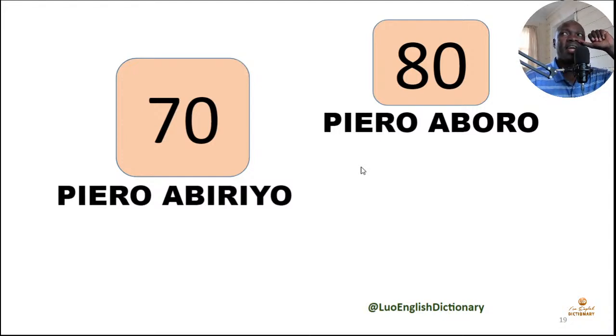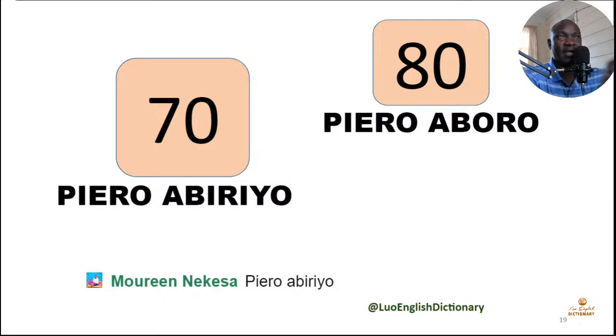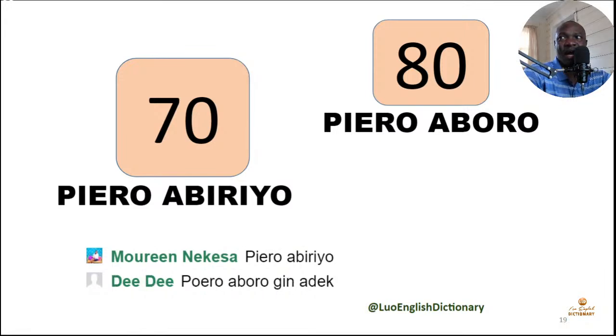Now, what of 83? Let's say you have 83. Anybody 83? Thank you, Maureen. Maureen says Piero ariyo for 70. What of 83? The 8, 10 eighths, and a 3. Piero aborro gi adek.